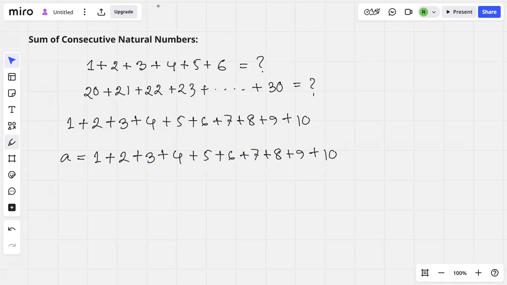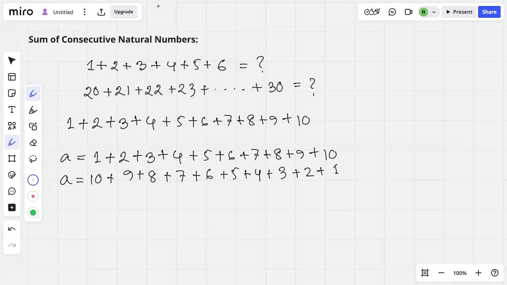So we can easily write again, if A equals this, we can also write A equals, from the reverse way, from the last to the first, 10 plus 9 plus 8 plus 7 plus 6 plus 5 plus 4 plus 3 plus 2 plus 1.